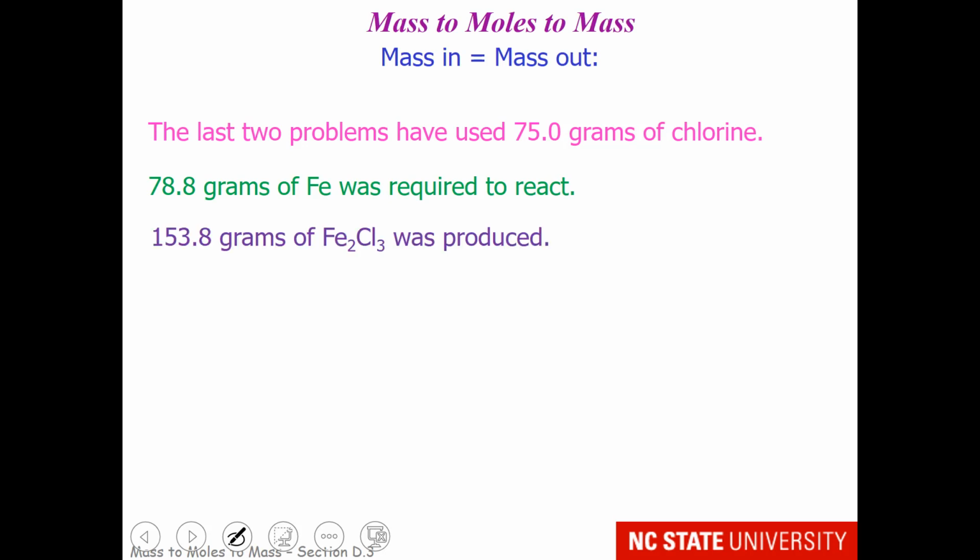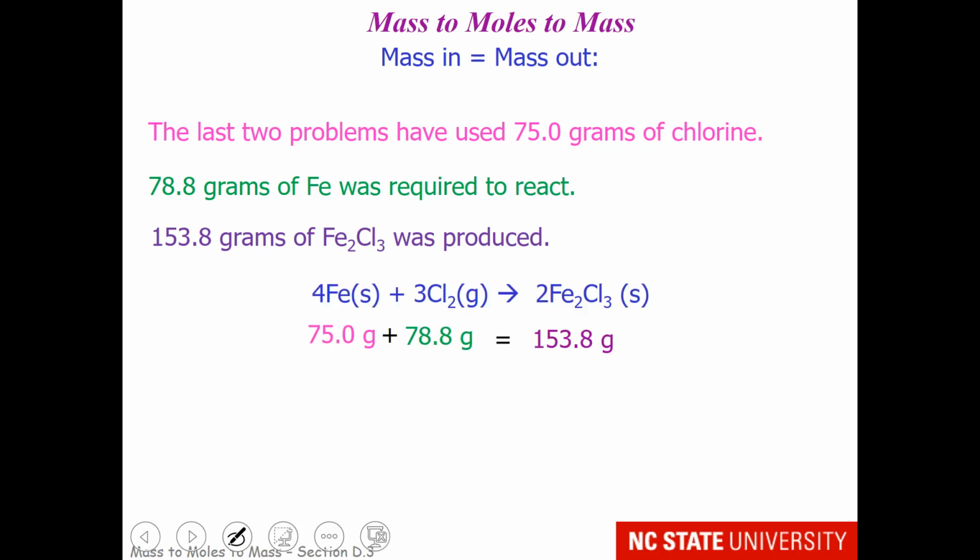And by now, of course, you've done that calculation and come up with 153.8 grams of iron 3 chloride produced. Notice that our sum of masses for the reactants is equal to the mass of the product.